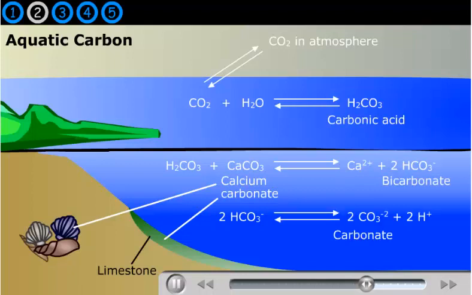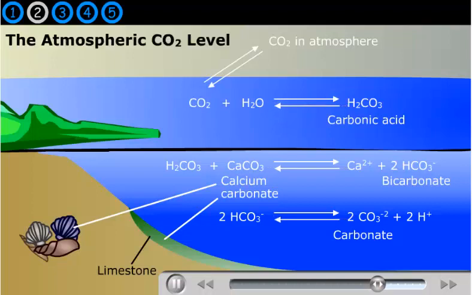All of these reactions are in equilibrium, so the amount of one chemical form affects the amount of the other forms. As dissolved carbon dioxide is used by aquatic plants for photosynthesis, all the equilibria shift to the left to produce more carbon dioxide.